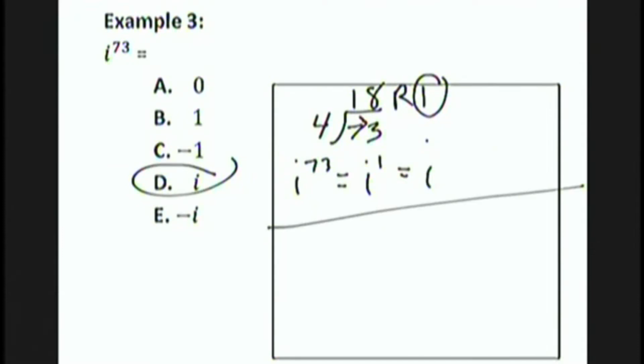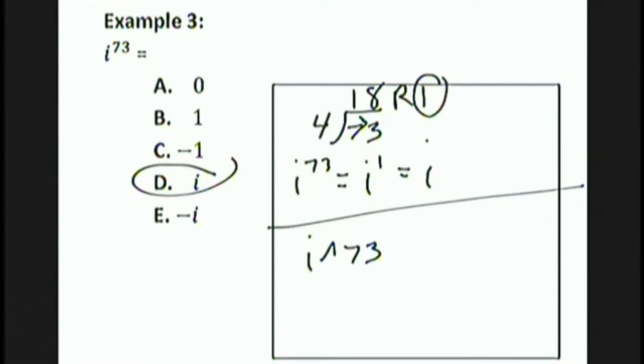I should mention this could also be done quite quickly in your calculator. You could type i to the 73, but your calculator does do something funny sometimes. The method that it uses to compute this is an approximation method that often writes 0 in a weird way.